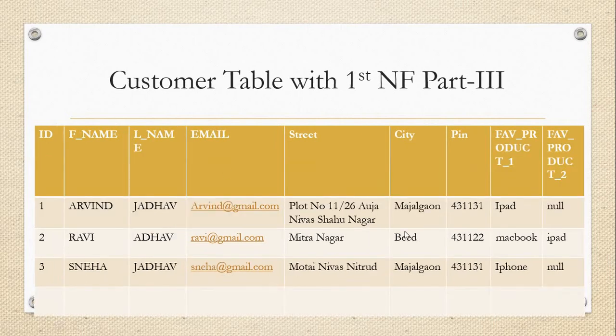See, so this is the problem, and this is the solution: customer table in first NF, part 3. In that we segregate favorite product 1 and favorite product 2. So now we can say that the table is in first normal form. Last, check each attribute value: first name, last name, email, street, city, pin, favorite code, favorite product 1, favorite product 2. Can I say that this table is in first normal form? The answer is yes.